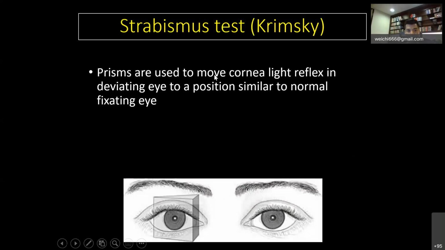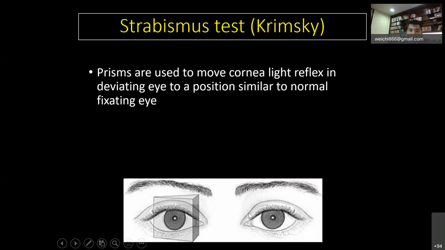You could see that initially the patient has deviation, but once you place a correction prism here, it becomes neutral. The light reflex is in the pupil center.